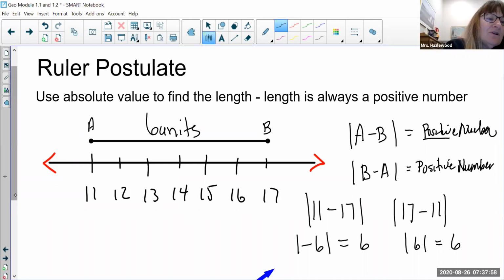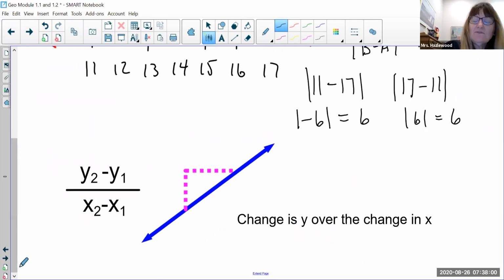So how do you know this? You know this through slope. You know that we take the y value on each of these points and subtract them from one another, and that's our rise. We take the x value and subtract them from one another, and that's the run. So these are just lengths, is all they're doing.